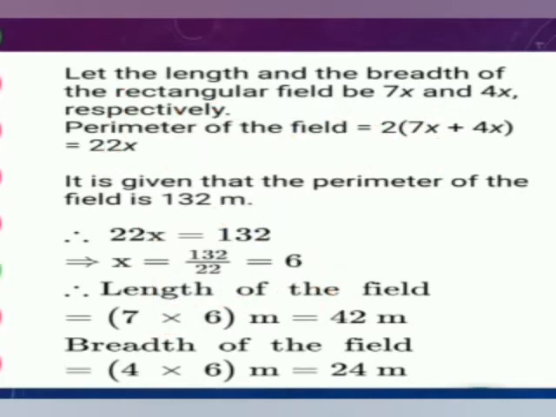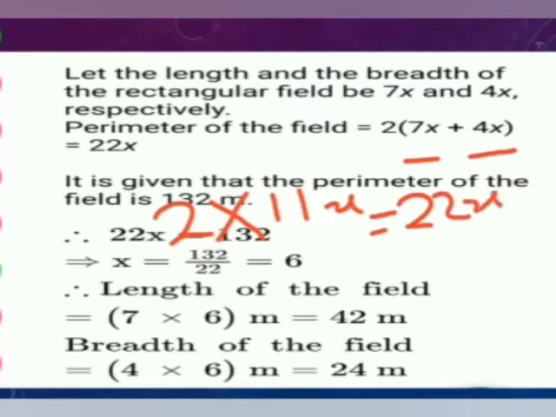The perimeter of the rectangular field will be equal to twice the length plus breadth. The length is 7x and the breadth is 4x. 7x plus 4x will give you 11x, and that is multiplied by 2. So this will give you 22x. So this is the perimeter of the field.